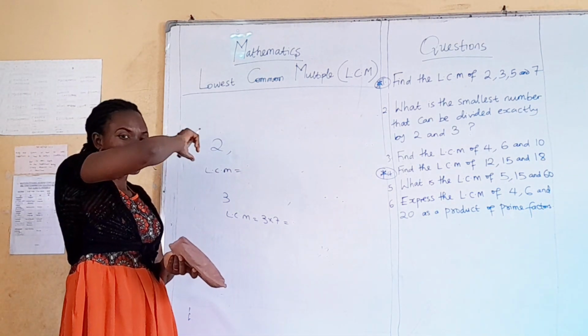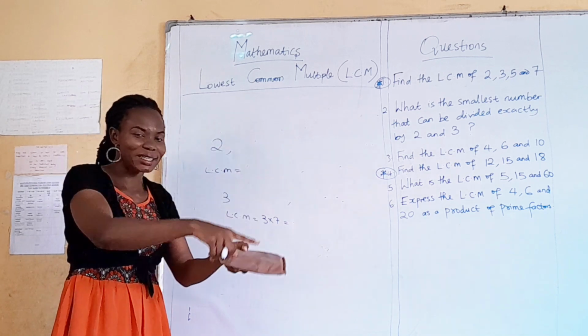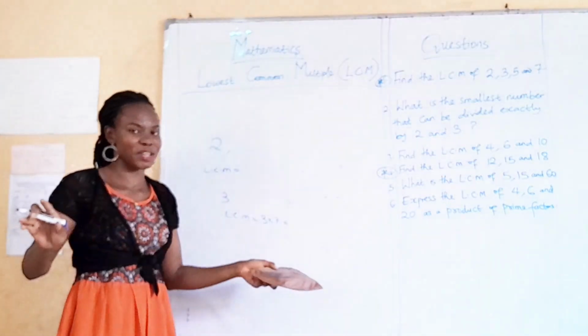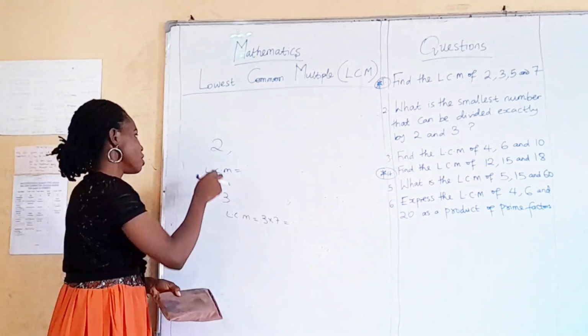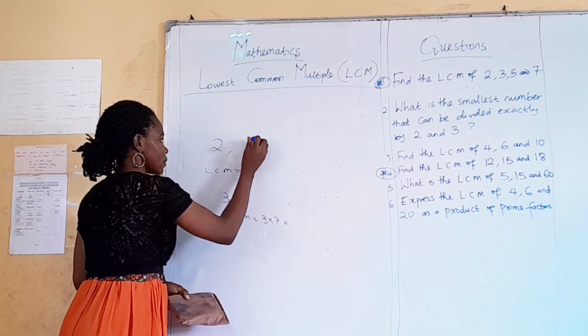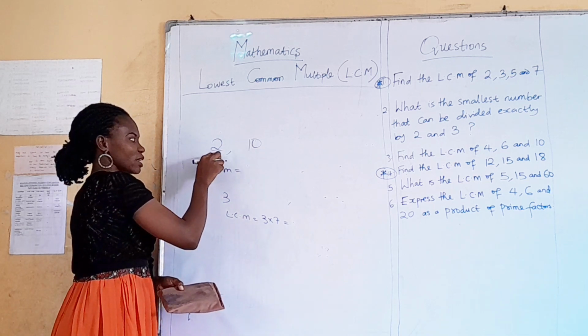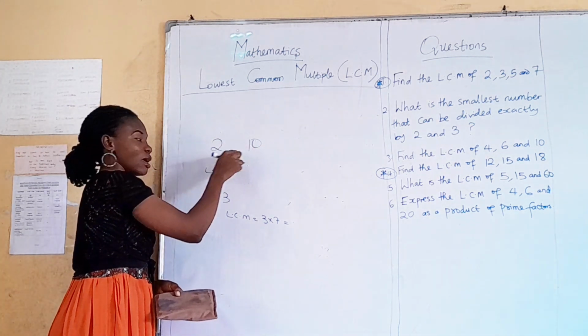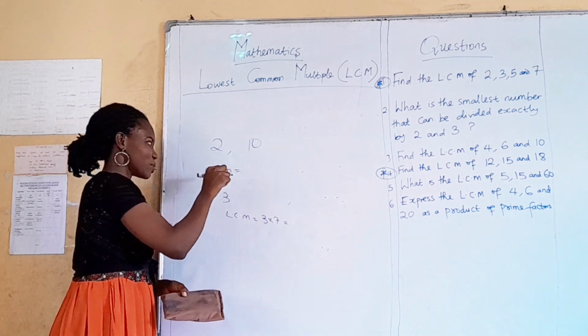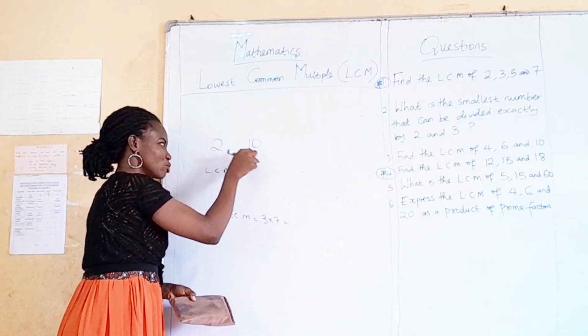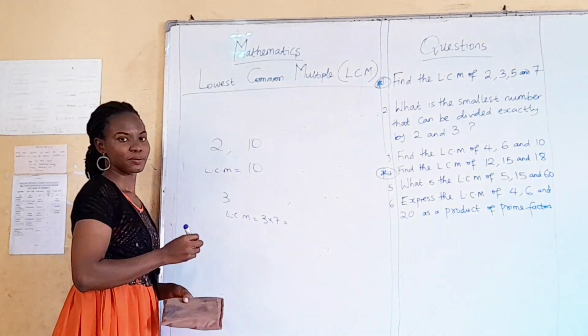In other words, the smaller numbers can divide that biggest number without any remainder. That biggest number becomes the lowest common multiple. What do I mean? For instance, if I have 2 and 10, the biggest number here is 10, and 2, the smaller one, can divide 10 without any remainder. Therefore, the LCM of these two numbers will be 10.